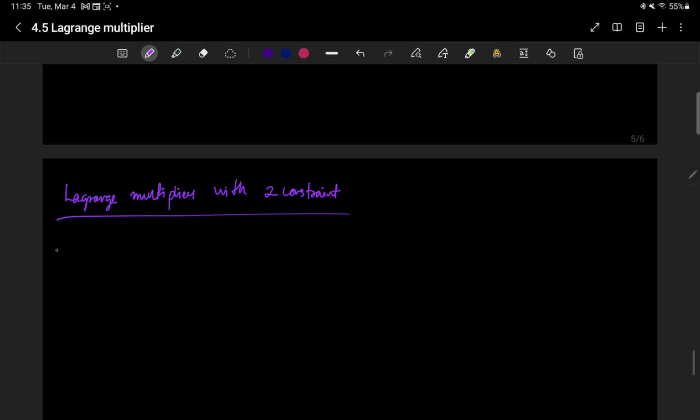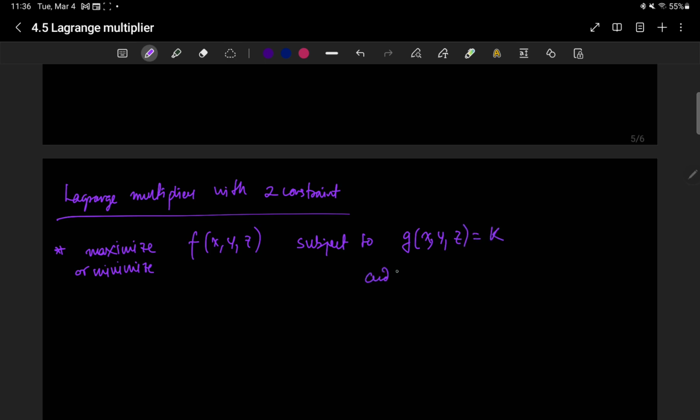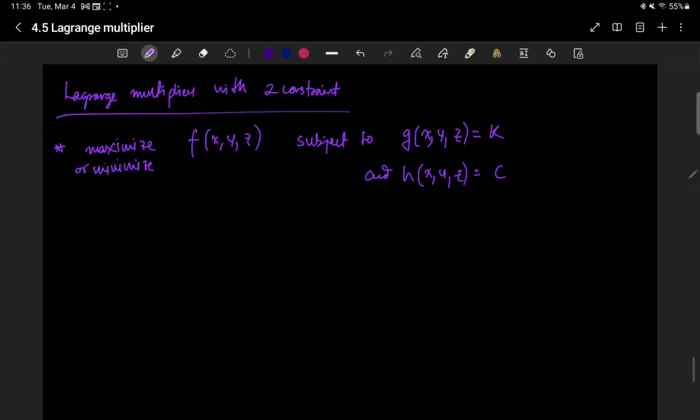So basically the problem will be to maximize or minimize some function f subject to this and another level surface h, which equals some other constant c.